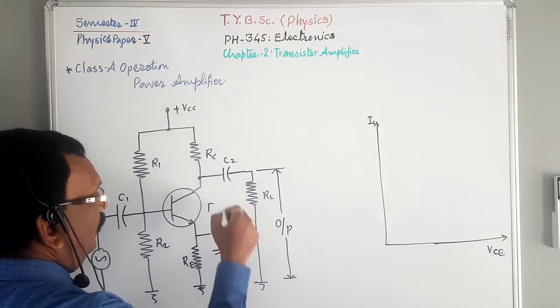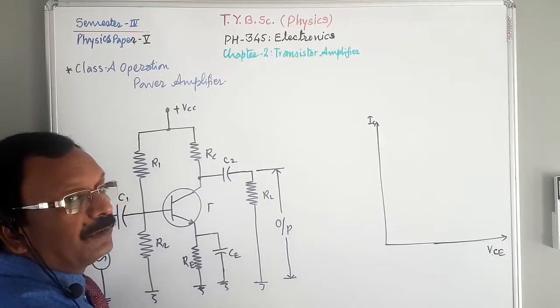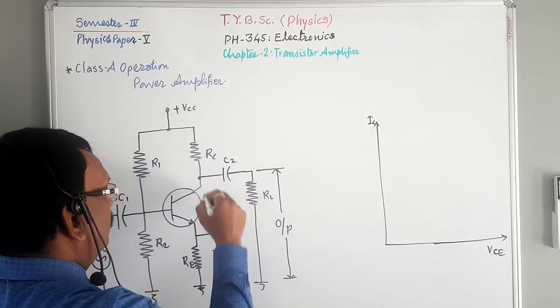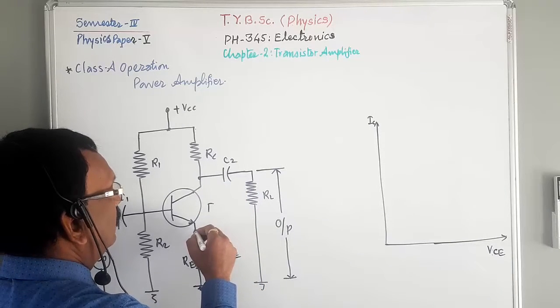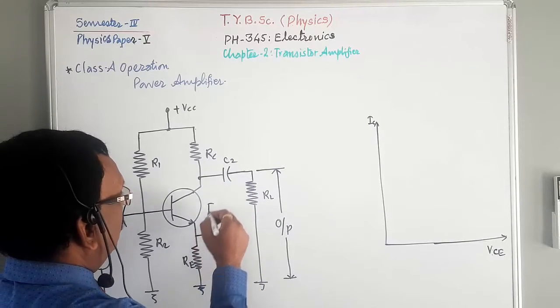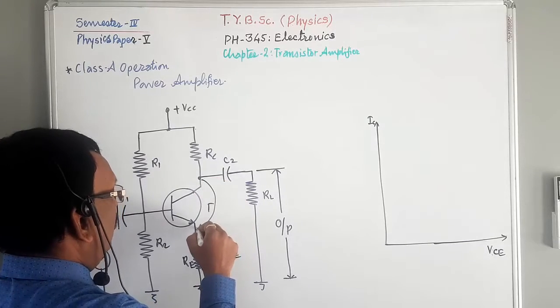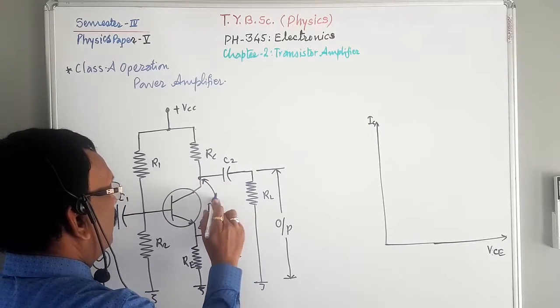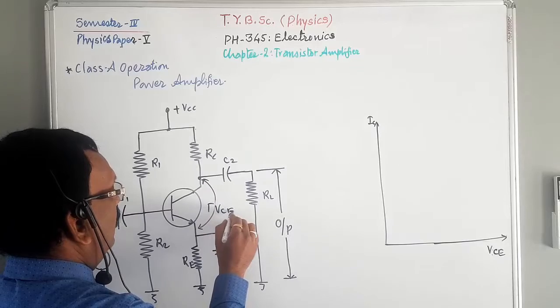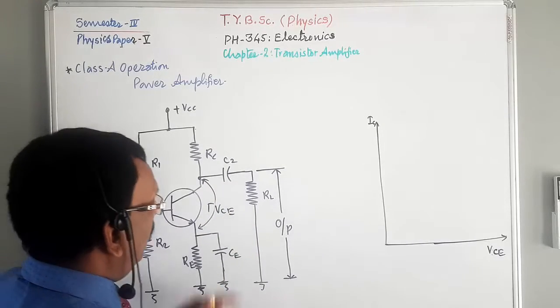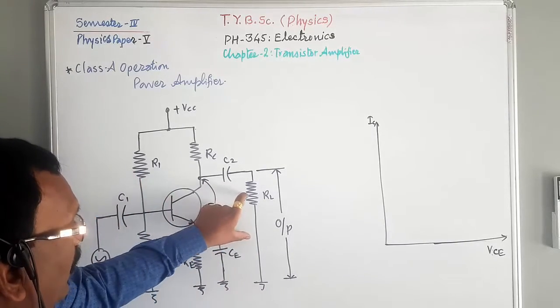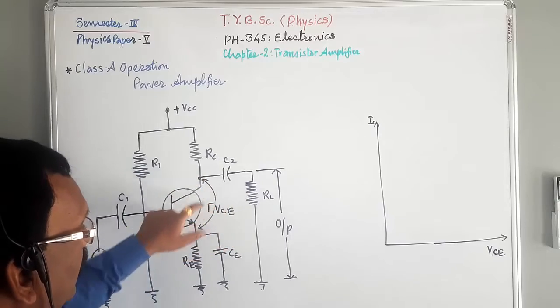Here we can use a voltmeter to measure the voltage between collector and emitter.